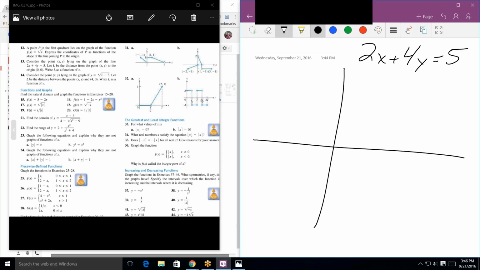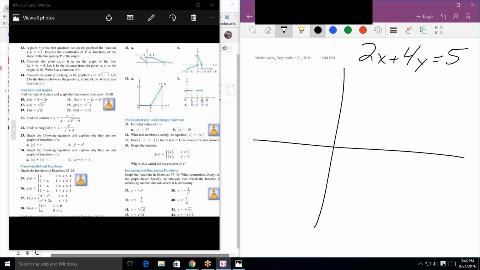I could solve it for y, put it into y equals mx plus b format, and graph it normally, right? But it's in standard format right now, and there's actually an easier way to graph something in standard format, and that is just figure out the x and y intercept.